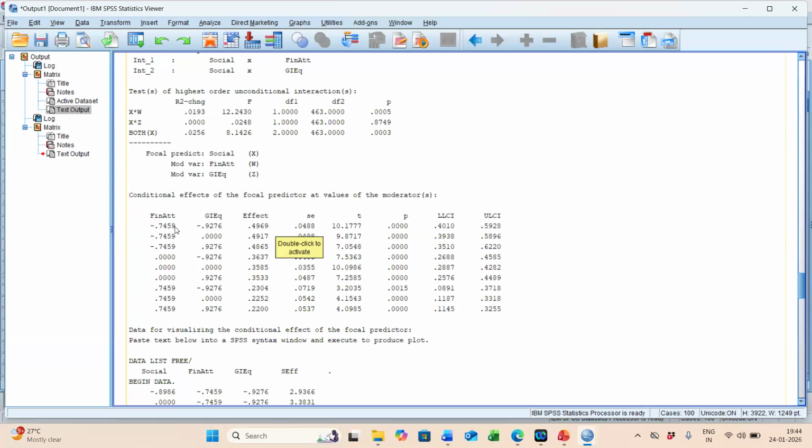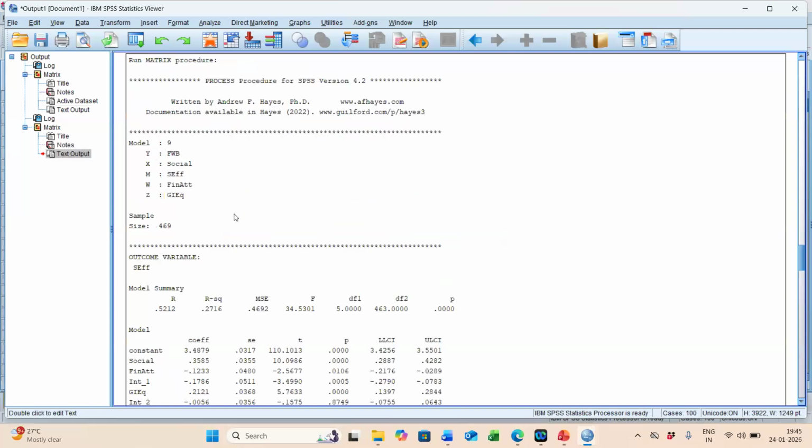At lowest level of financial attitude and gender equality, the effect is 0.464969. At the lowest level of financial attitude and the mean level of gender equality, the effect is somewhat reduced, 0.4917.